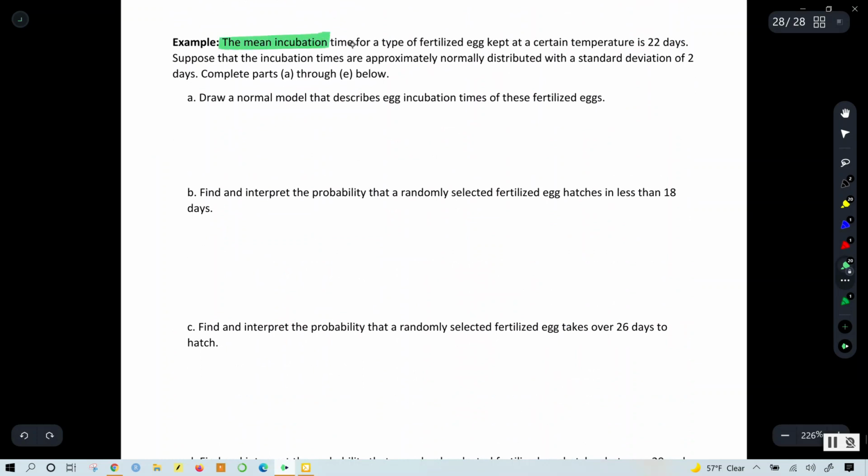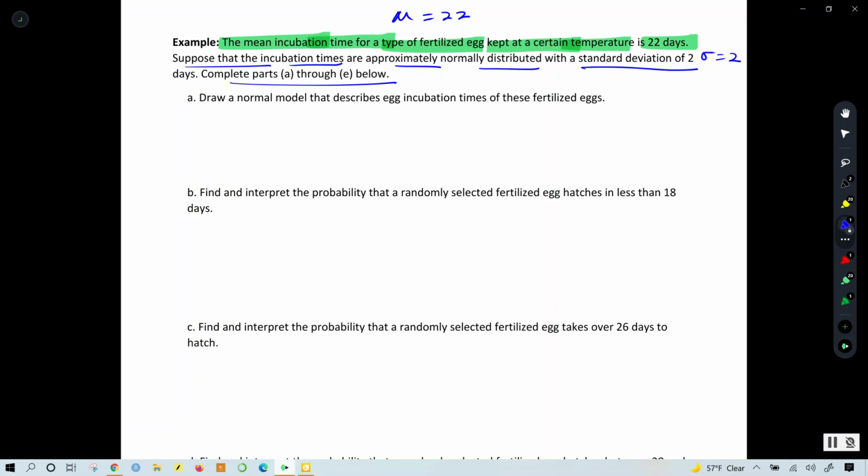This says that the mean incubation time for a type of fertilized egg kept at a certain temperature is 22 days. So the mean is 22. Suppose that the incubation times are approximately normally distributed with a standard deviation of 2. We have to complete parts A through E below.